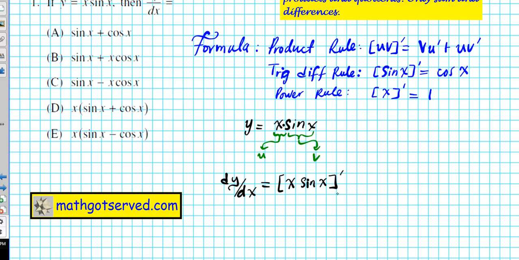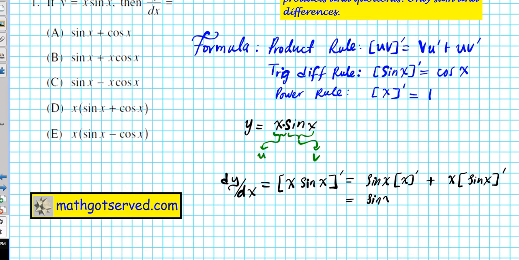So let's see what we have. Applying the product rule, we'll have v u prime, which is sine x for v times u prime, which is x prime, plus u, which is x, times v prime, sine x prime. Now let's differentiate and simplify.